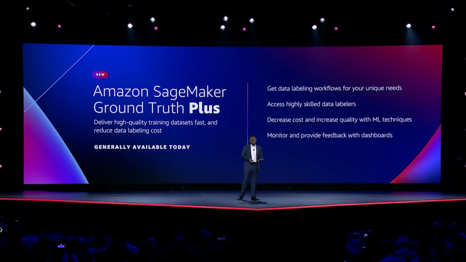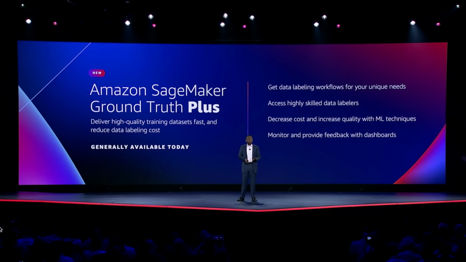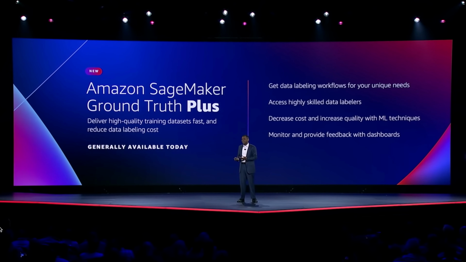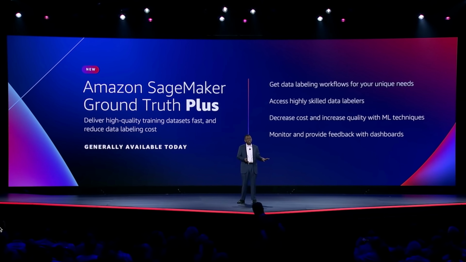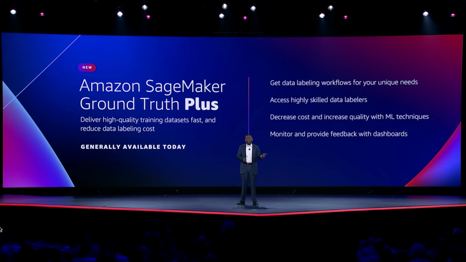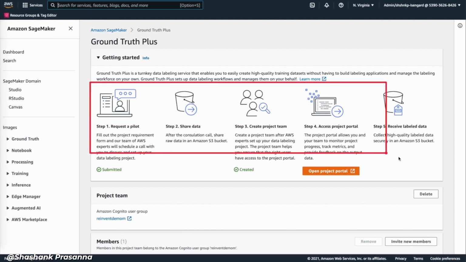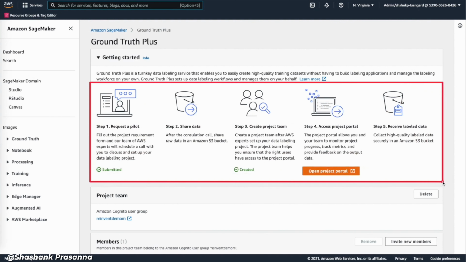So according to AWS, this one lets you create high-quality training datasets without having to build labeling applications or managing the labeling workforce on your own. The way it works is you share data along with the labeling requirements, and Ground Truth Plus sets up and manages your data labeling workflow based on your requirements.